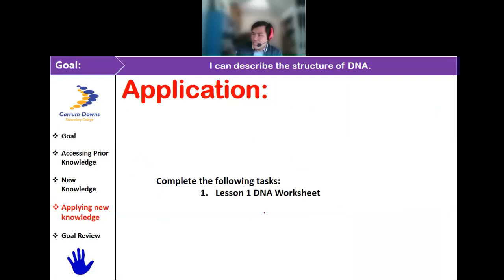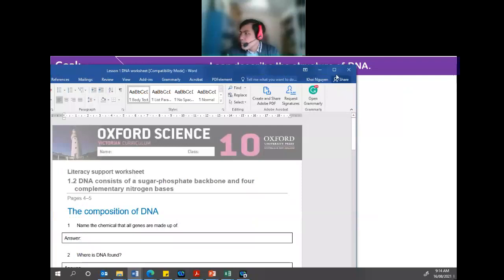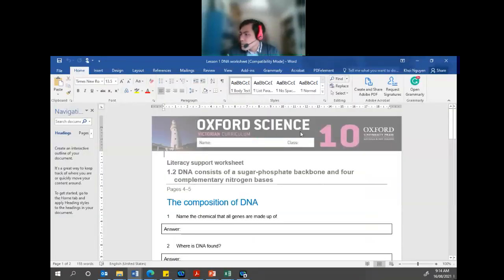And so with that, hopefully you guys will be able to do the DNA worksheets here. Before you go and do your work, I'm just going to show you what the DNA worksheet looks like. You can find this on Compass.